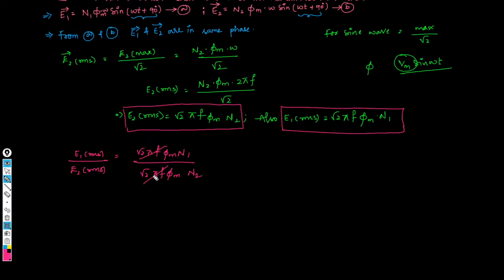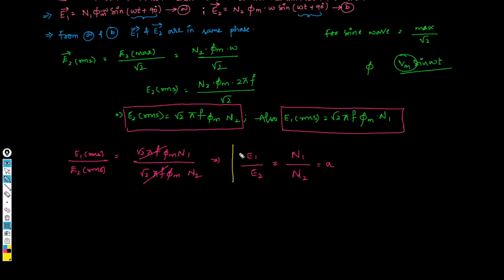All the constants get cancelled. So finally E1 by E2, of course they are RMS values, is equal to N1 by N2.